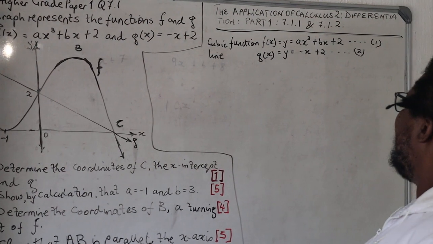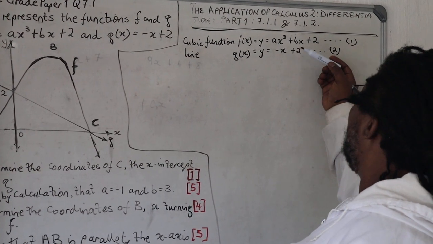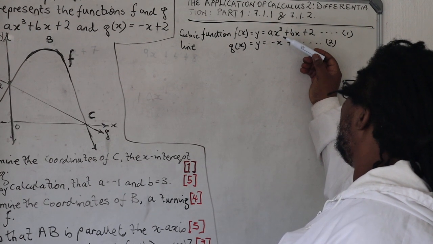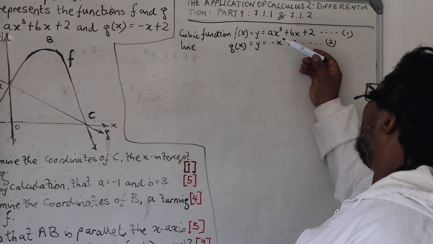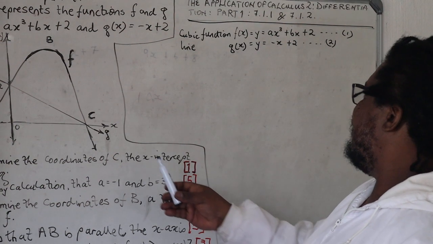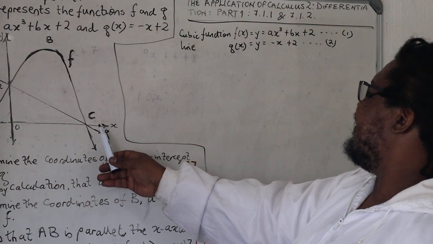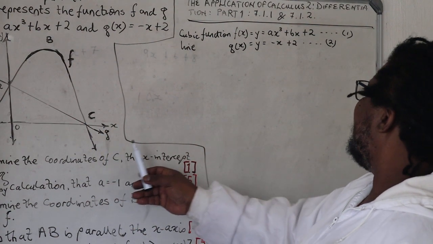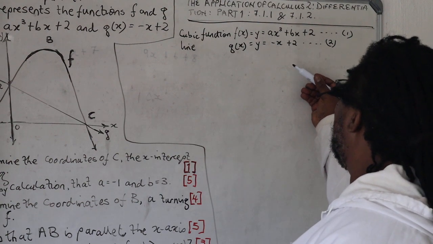So, from our two functions, we know that our cubic function given by equation 1 has a and b, which are unknown, and so the easiest function for us to use in order to get the coordinates is function 2, which is the line.